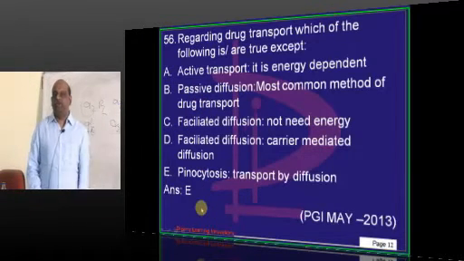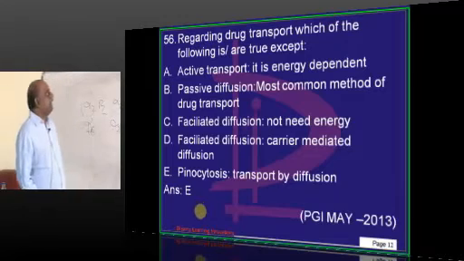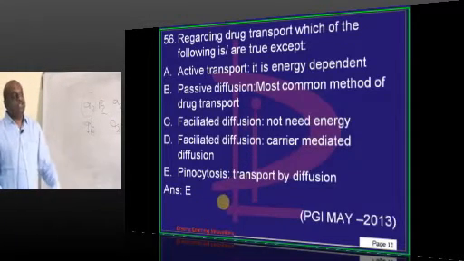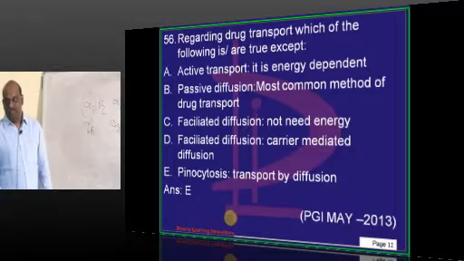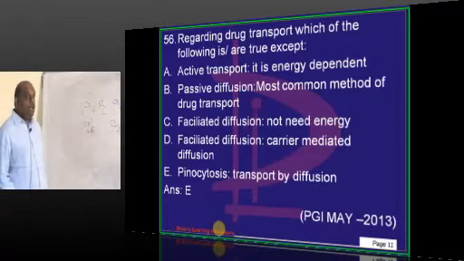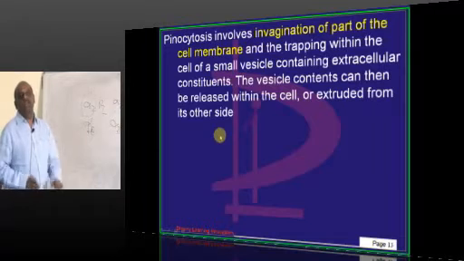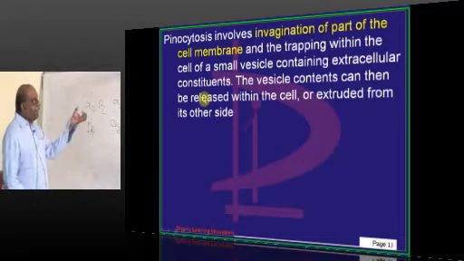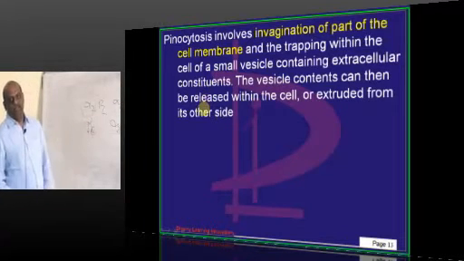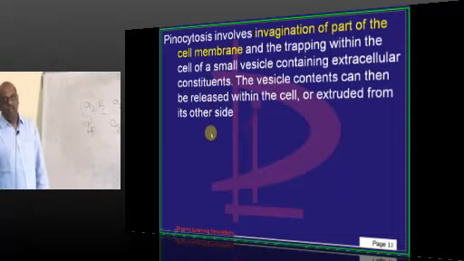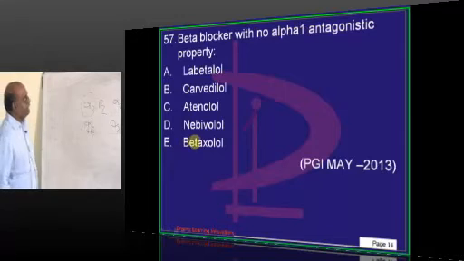A carrier will help to diffuse, and that also does not require energy. It uses somebody else's energy. Then pinocytosis is there. Pinocytosis means there is an invagination of the cell membrane and trapping which will basically occur. So pinocytic transfer is important for very few drugs.